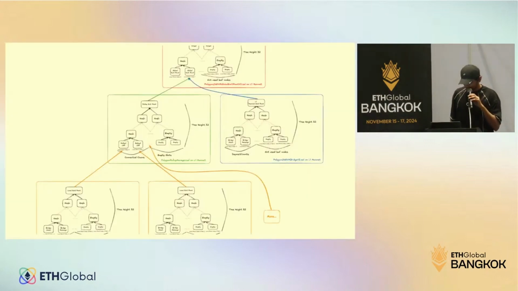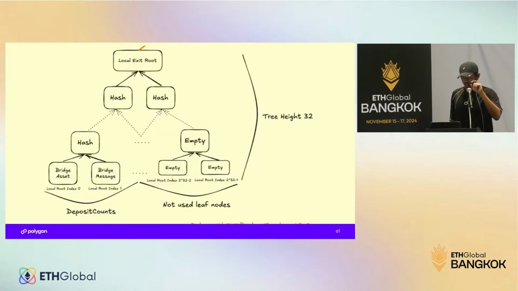This is the whole flow of how your transaction will go through, from each and every Merkle leaf node as well as Merkle tree roots. So let's say as soon as you bridge your assets, it will add a leaf to the local exit root tree. It's just a basic Merkle tree with 2 raised to 32 Merkle leaf nodes.